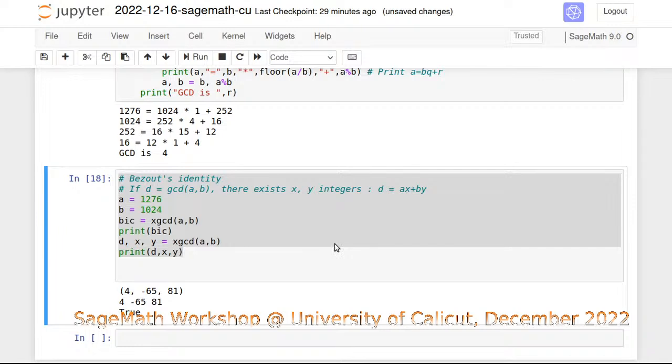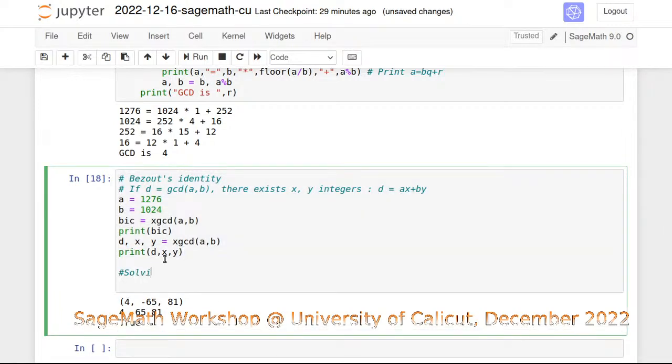For example, suppose we want to solve the linear equation C equals AX plus BY. A solution for AX plus BY equals C exists provided that the GCD of A and B divides C. So the very first thing we have to check is whether this is true or not, that is, whether C is a multiple of D or not.